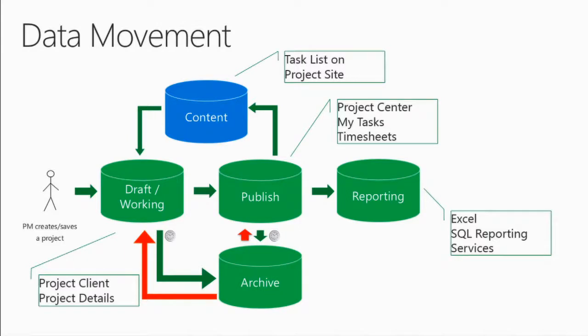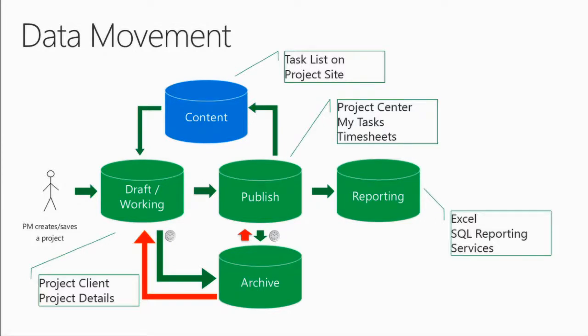What I've often wondered is where the portfolio, pre-project stuff fits into this scenario. Into the data flow scenario, in two places. It actually resides partly in the content store, so the business drivers are stored in SharePoint lists.